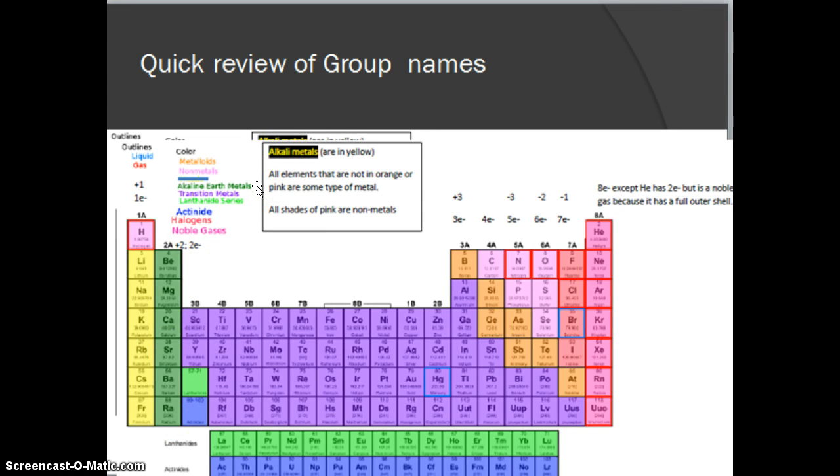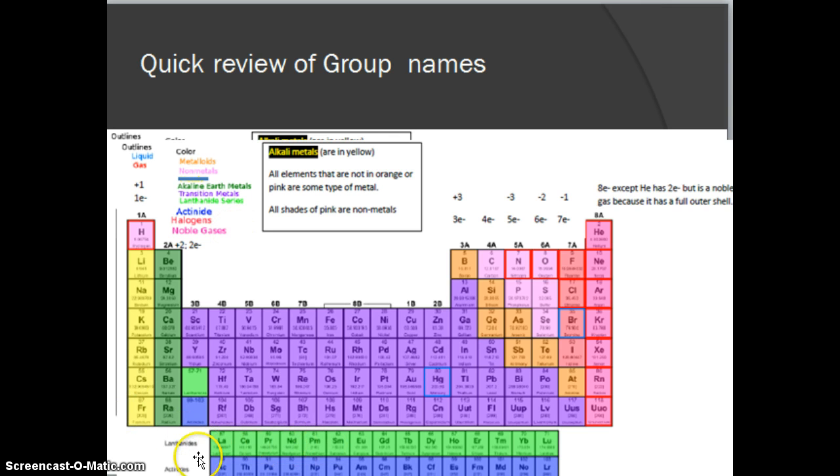The alkaline earth metals. In the middle, all this purple, these are my what? Transition metals. If I look at group 7A, those are my halogens, and group 8A are my noble gases.